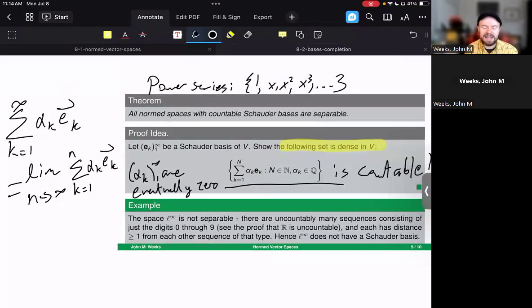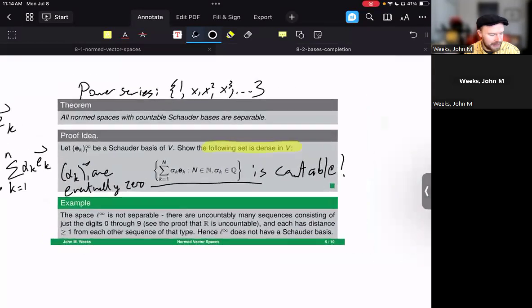And recall that, again, we can show density by saying that for any element inside of this vector space V, there exists something inside of this set that we're defining that converges to it. And that's exactly what we get right here. So finite sums end up being enough not to cover the entire space, but to be dense inside of that space. So that gives us the notion behind this theorem, that all normed spaces with countable Schauder bases are indeed separable.